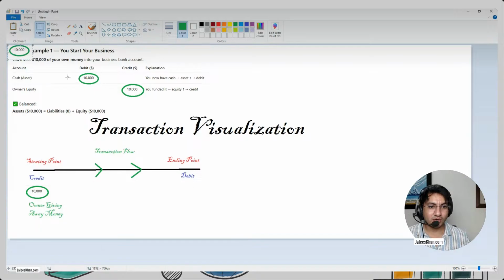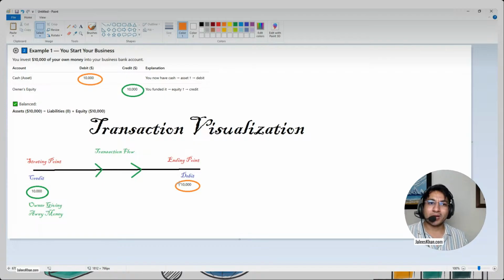That's the ending point of the transaction, which means it will come in the debit.